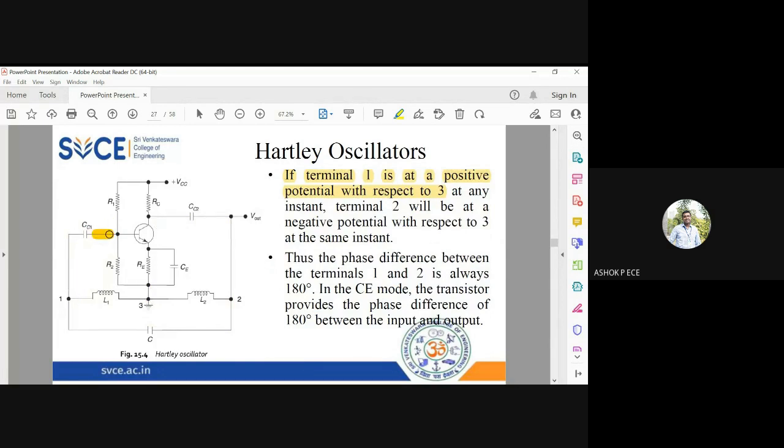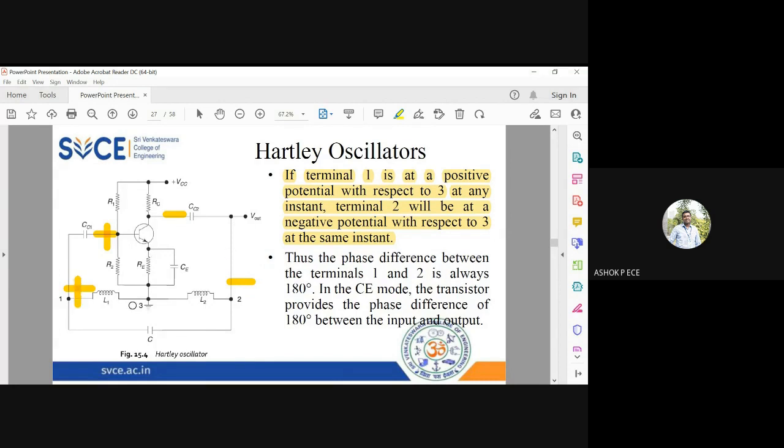So if this terminal 1 is positive, terminal 2 will be negative, because you know that the common emitter amplifier is going to offer a phase shift of 180 degrees. So if you have a positive polarity at terminal 1, 2 will always be negative. And this 2 is again negative, and this 1 is going to be again positive.